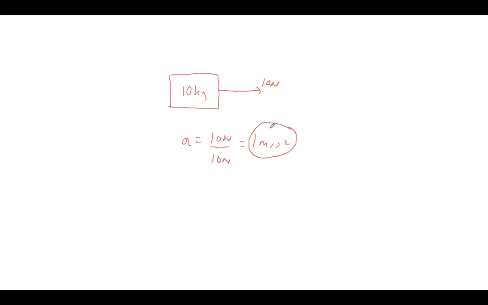Now let's take a look at one last example. Let's suppose we have a force acting on a block of 5 kilograms and the force is 10 newtons. But now there's a force of friction acting in the opposite direction of 5 newtons. Now remember, this is a key point.